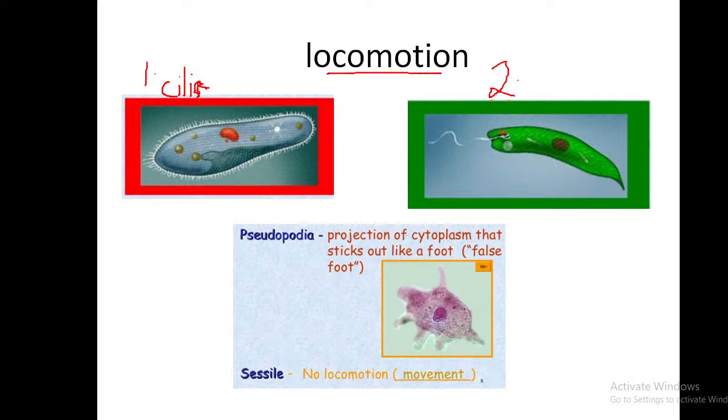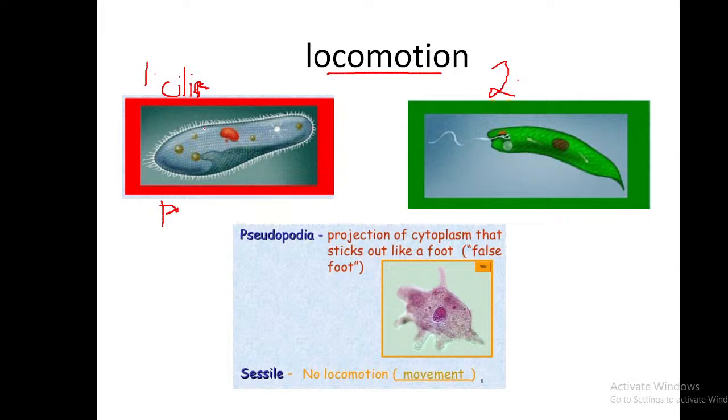Parvati has given the answer. Pravi, paramecium, Alina, Aditi, Arya. Yeah, correct answer. First one is paramecium and this is euglena. Many have given the right answer. Good.